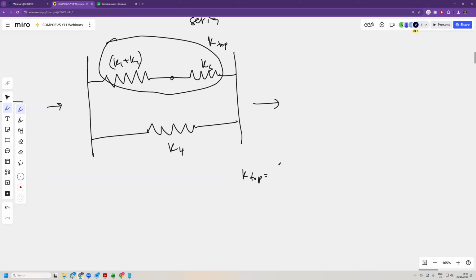K top is, using the formula, K3 multiplied by K1 plus K2, divided by K1 plus K2 plus K3. Yes. Which can be simplified, but you don't need to simplify it yet. Okay. And then we have two springs.